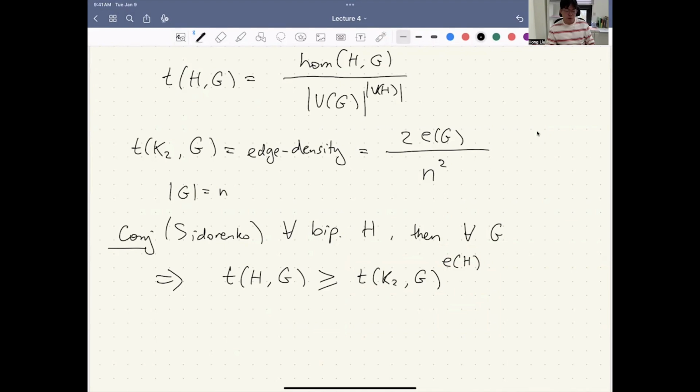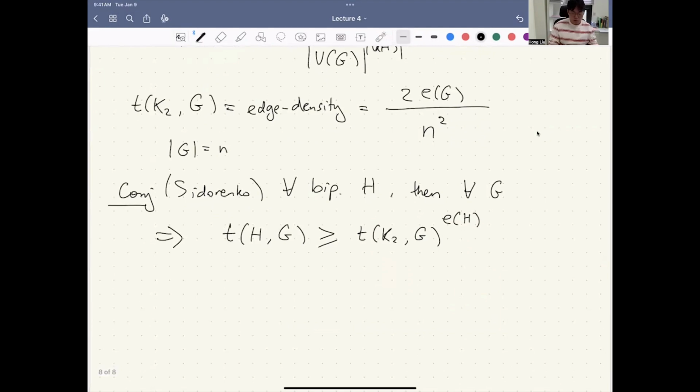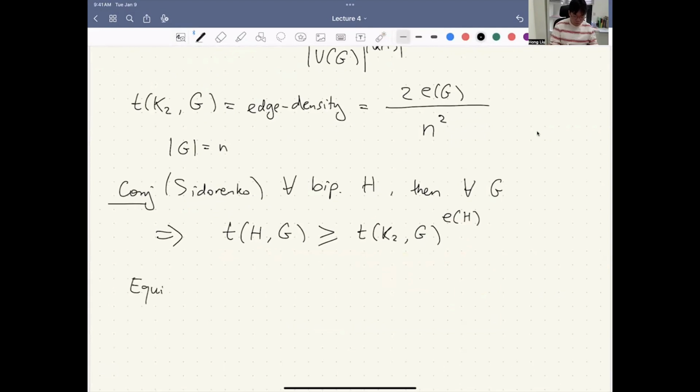We're going to prove a special case using the entropy method. We're going to prove a very baby case. Let's first reformulate it. So instead of writing the density version, let's write the homomorphism version, an equivalent form.